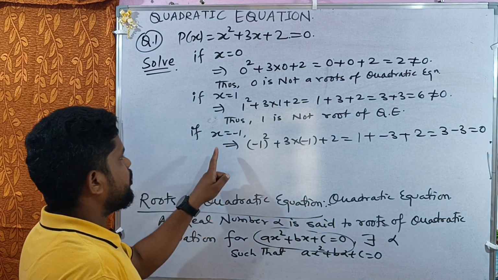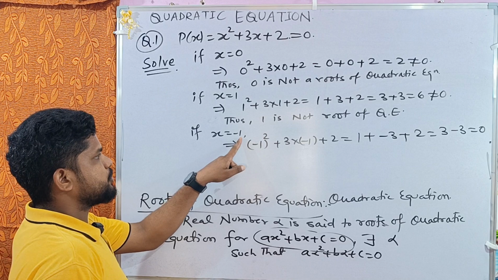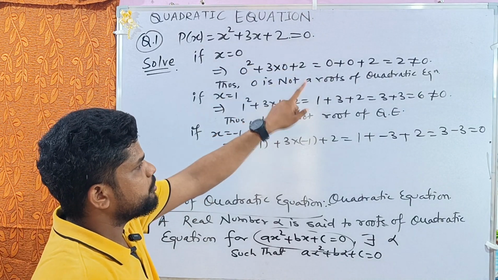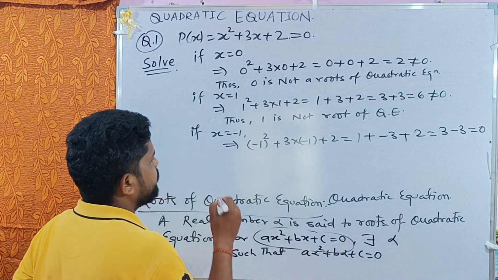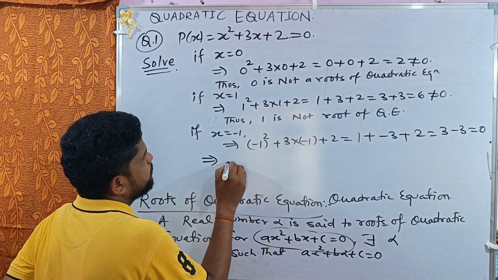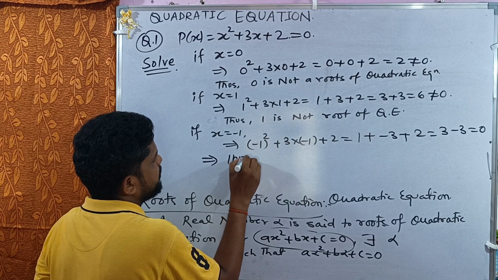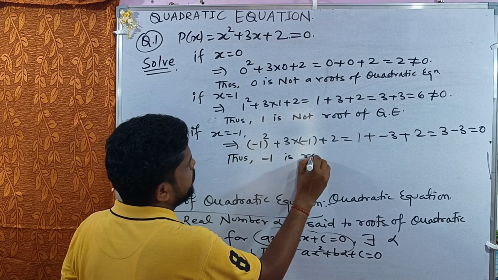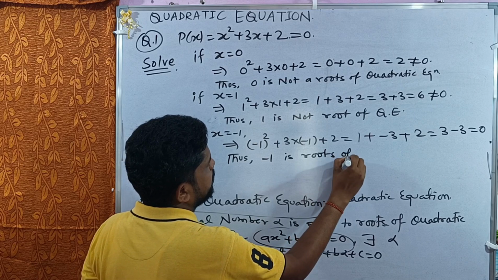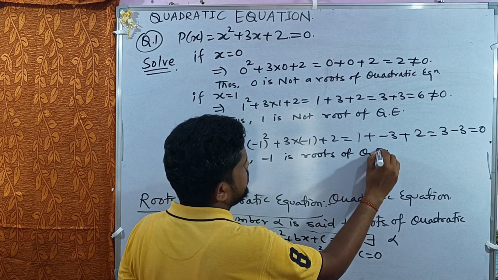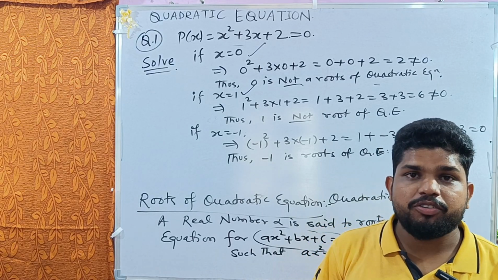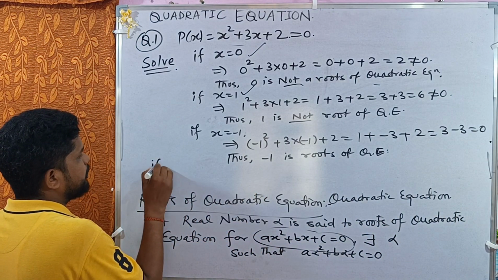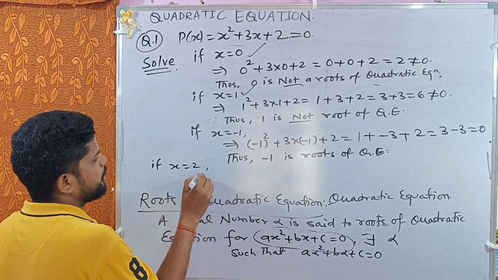Here the value of x equals to minus 1, which is the value of alpha, satisfies this quadratic equation to the 0. Therefore, or we can say thus, minus 1 is a root of the quadratic equation. Now if I put the value of x is equal to 2, let us see, if I put the value of x is equal to 2, what we will get?